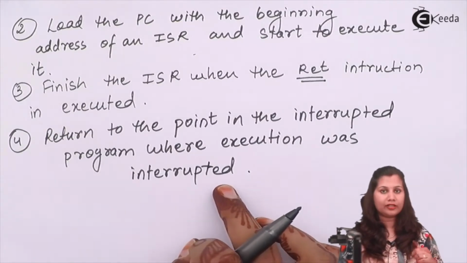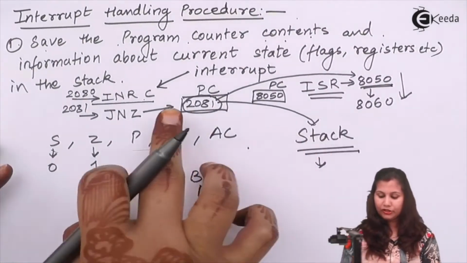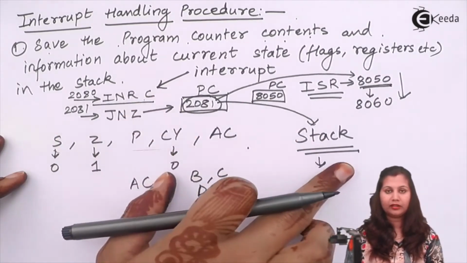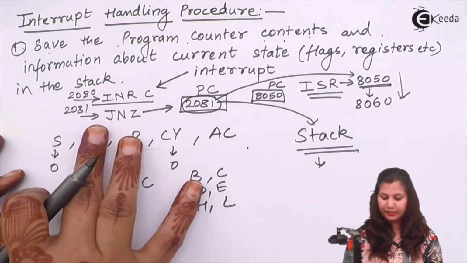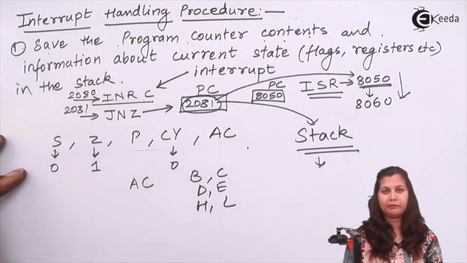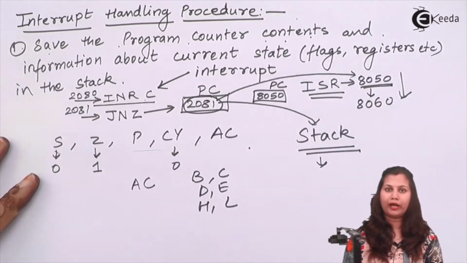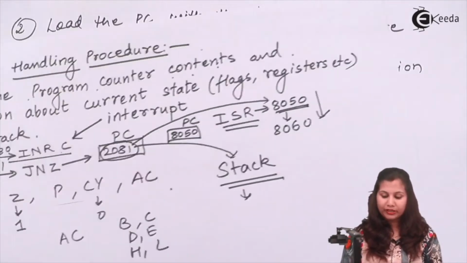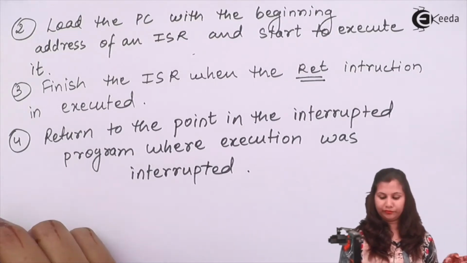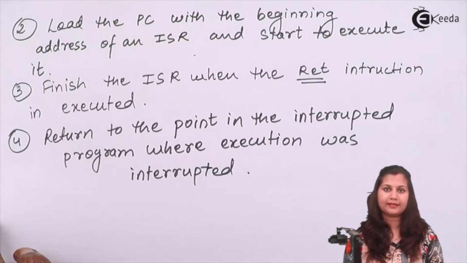It will get the address from the stack, because the address of the next instruction was stored in the stack. That address will be regained by the microprocessor, and all the conditions of the flags and registers will also be regained, and it will start further execution of the interrupted program. In this way the microprocessor handles interrupts when they are given to it. Okay, these are the steps which the microprocessor follows.